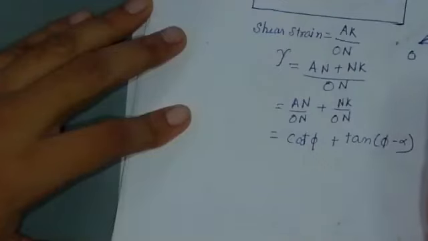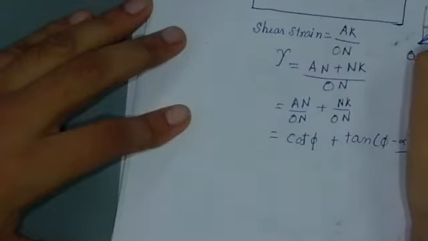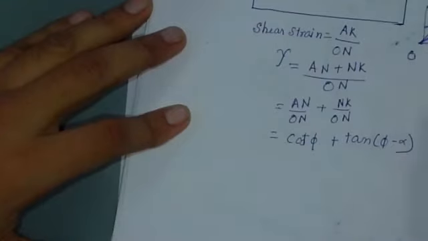So if you want to determine these angles, here we can say this angle is alpha, this angle is phi. So for this triangle, we can simply write alpha plus angle AKO plus angle AOK is pi.